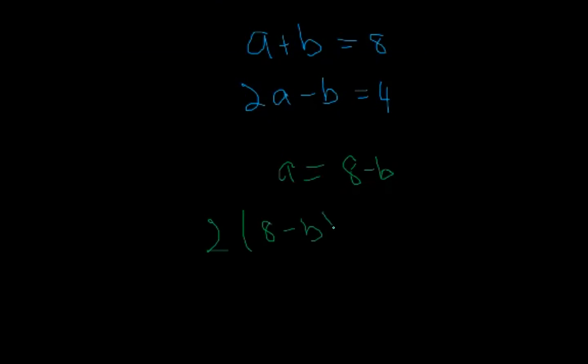So this becomes 2 times 8 minus b is equal to 4. If I expand these brackets, 16 minus 2b minus b, that's minus 3b, is equal to 4. Minus 3b would be equal to minus 12, and then b would be equal to 4.